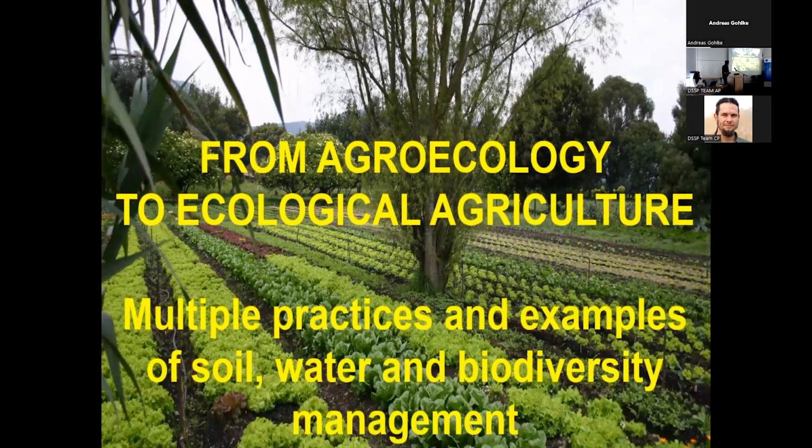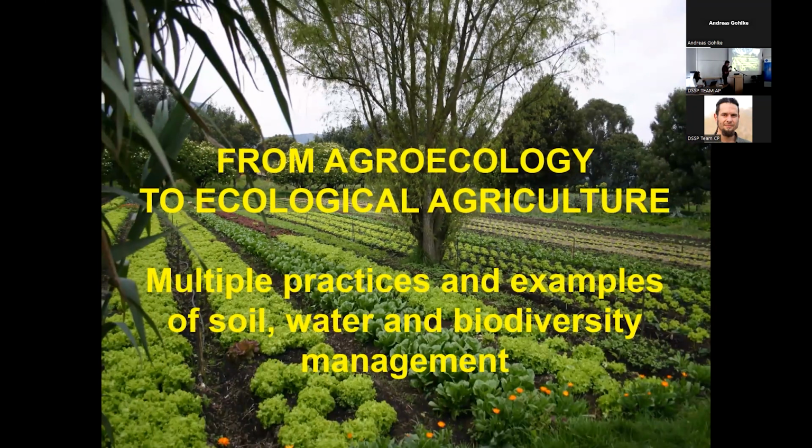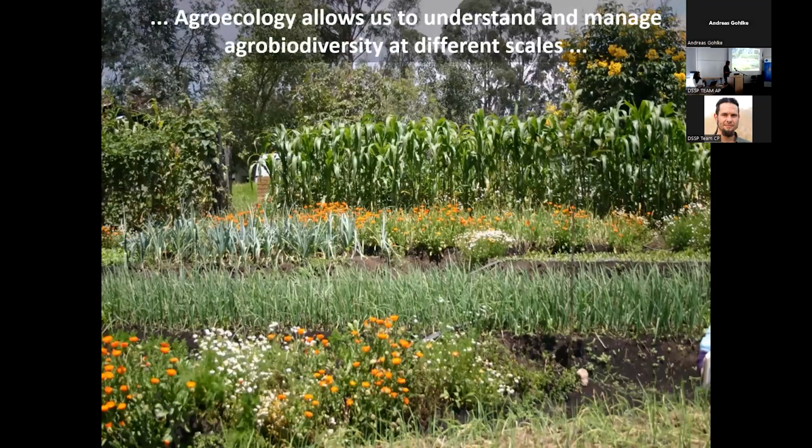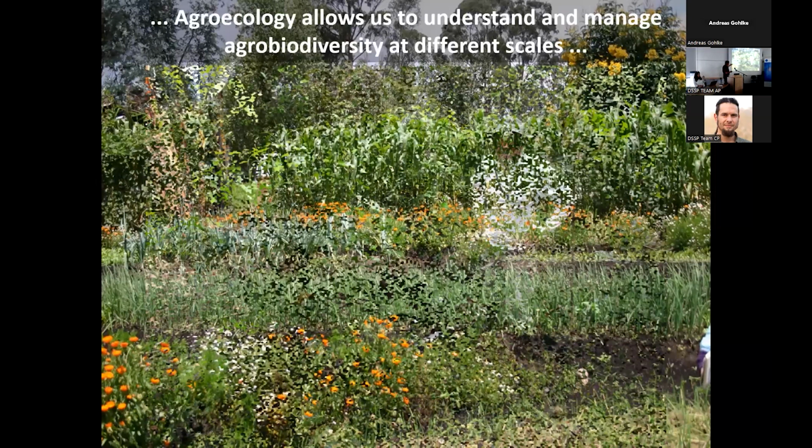It's a very complex subject of study. And we can talk many times about the multiple practices and examples of soil, water, and biodiversity management, but I have no time to do that. But if you look at this beautiful slide, you can see the management of biodiversity at the scale of the farm.